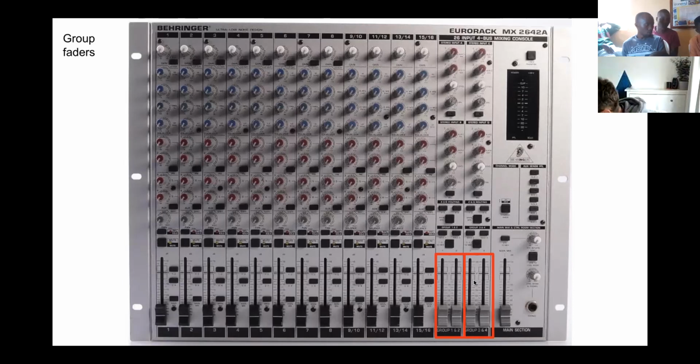And the buttons above it, which is here, is called solo. And solo is the same term as PFL. As in, if you want to hear all the vocals together, press solo and it will come through your headphones. So then you could hear all the vocals together in your headphones.